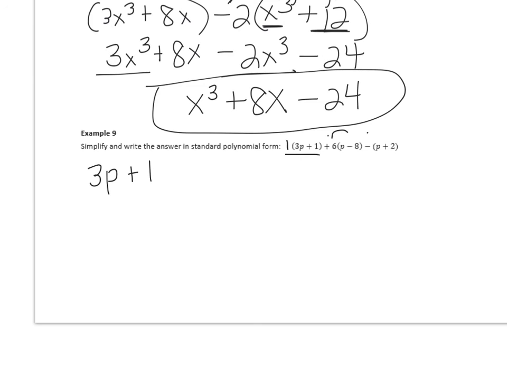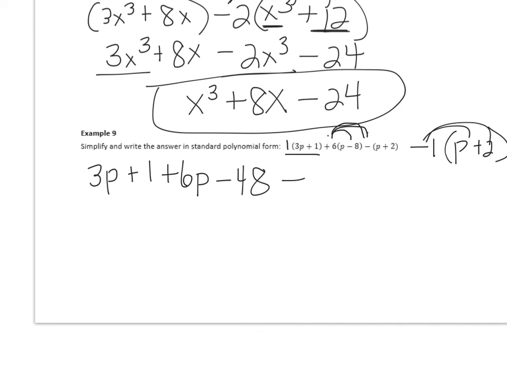Here we have a 6 to distribute through. 6 times p is positive 6p, and 6 times negative 8 is negative 48. And here, remember, it's really like having a negative 1 times p plus 2. You got to distribute that negative 1 through the parentheses, which gives you negative 1p minus 2.